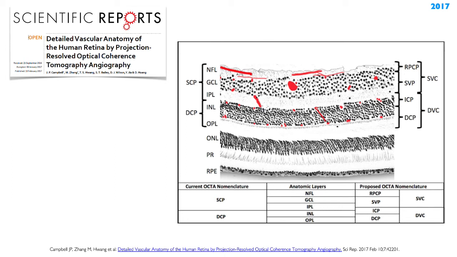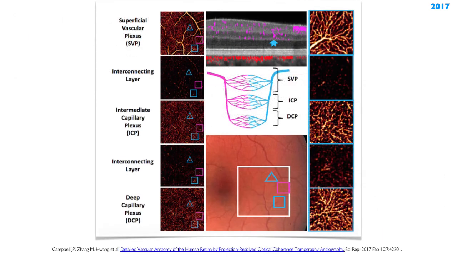At the level of the deep vascular complex, there is the intermediate capillary plexus and the deep capillary plexus. And because we are talking about the outer plexiform layer, what is pretty visible from here is that the deep capillary plexus is located between the outer plexiform layer and the outer nuclear layer.